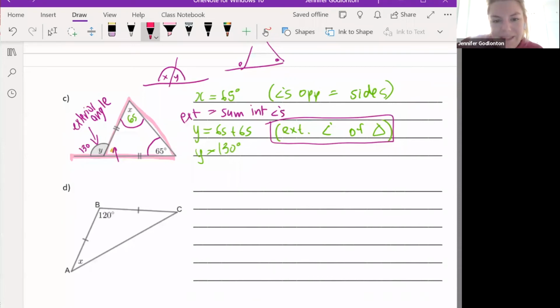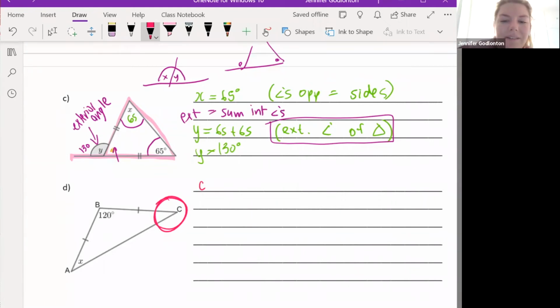You're going to write 120 plus x equals 180. But how can I say x? Because right now I don't know that that's x. Can you call that angle C? Yes. So how do I have to start that then?